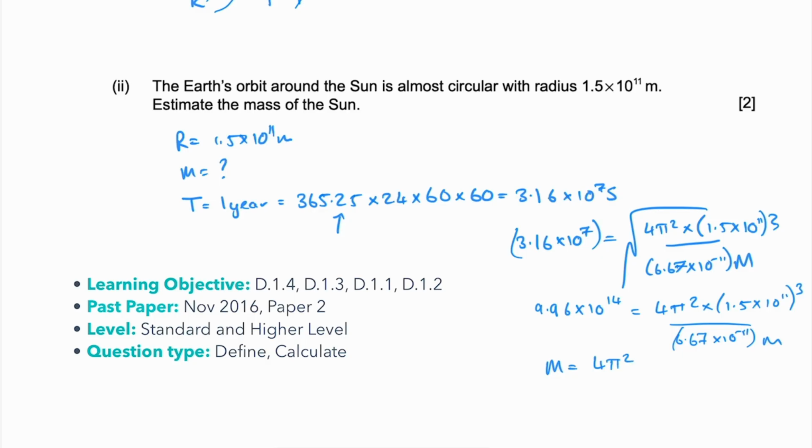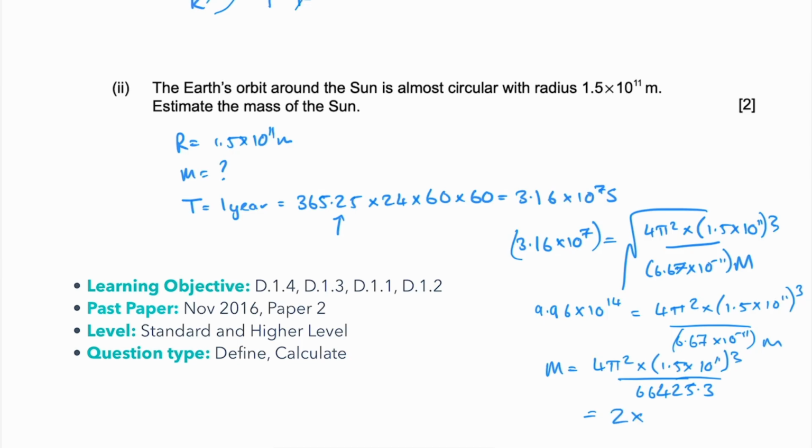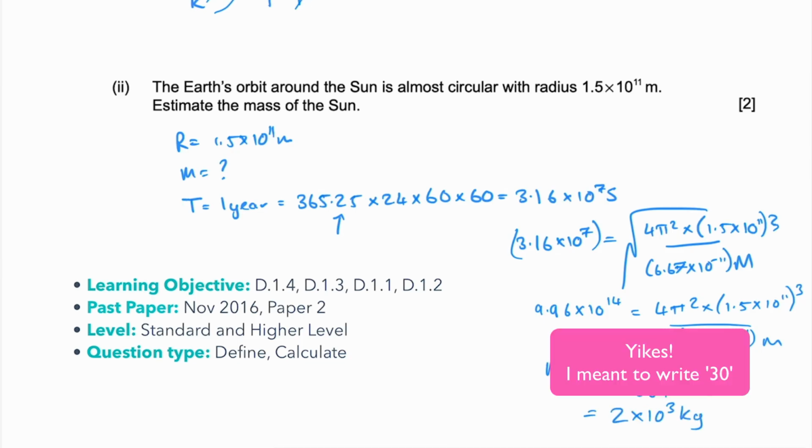M equals 4 pi squared times 1.5 times 10 to the 11 cubed divided by 66425.3. Pop all the numbers in and you come out with the answer of 2 times 10 to the 30 kilograms. It is worth remembering that that is the mass of the Sun.